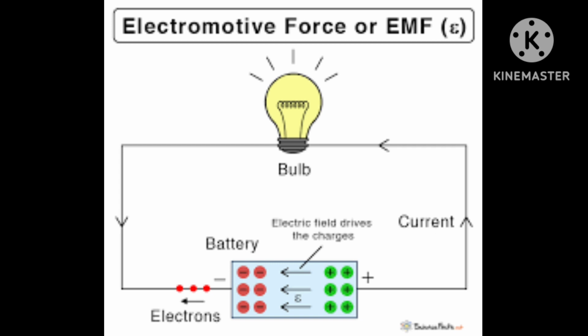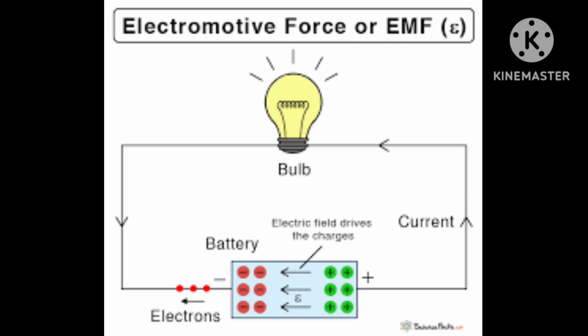But what is the direction of current? Electron direction is from anode to cathode. But current direction will be opposite to electron flow. This question is asked, so keep it in mind.